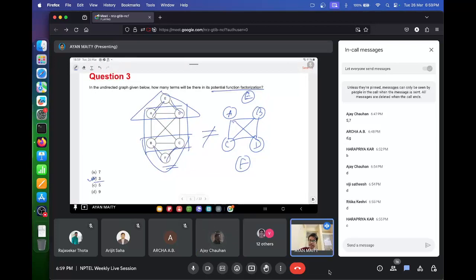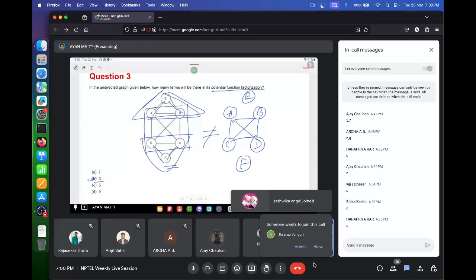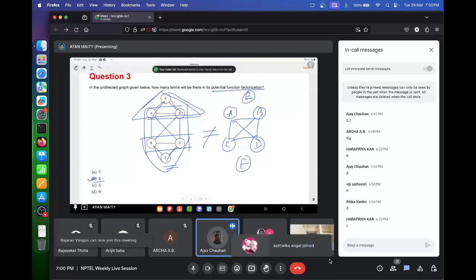D is connected to E, yes. So this is one maximal clique that we have to include in the factorization. So E, A, D is one factor, and there may be some other factorization of this.